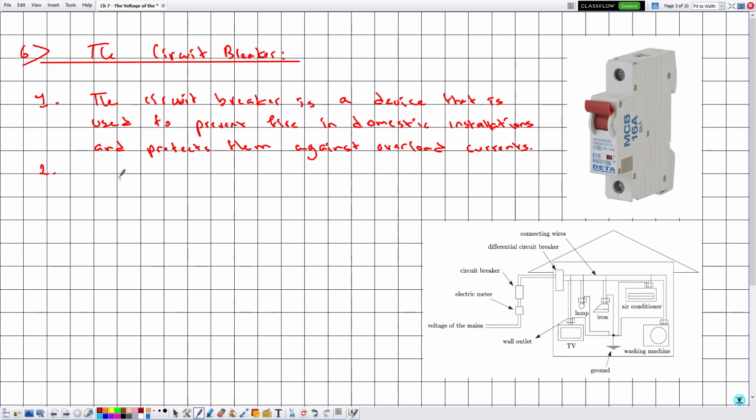Now idea number 2, it is usually installed. So where do we use the circuit breaker?